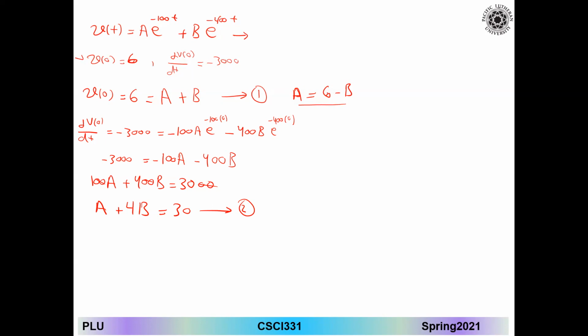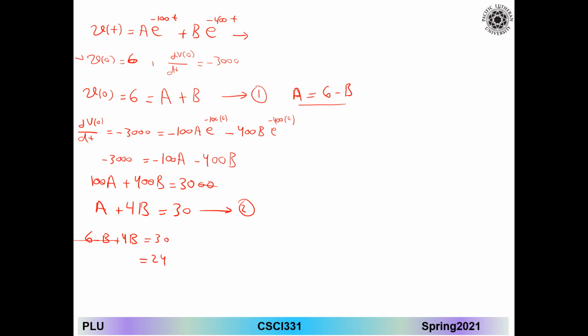I take a as 6 minus b and substitute, so this will be 6 minus b plus 4b equals 30. 6 with this one will be 24, right?